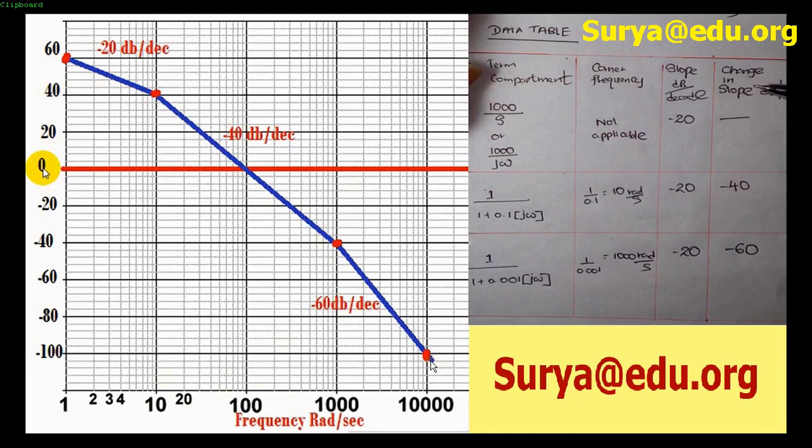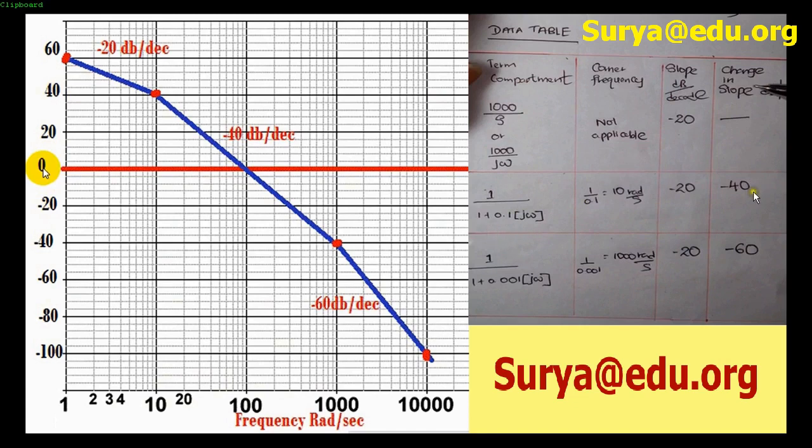And the next part is, as you can remember, to focus again on the data table that we constructed previously. Here you can see, depending upon the first compartment, the initial slope is minus 20, but there is no change in slope, because minus 20 is the initial one. After that, the change in slope starting from the second compartment is minus 40.